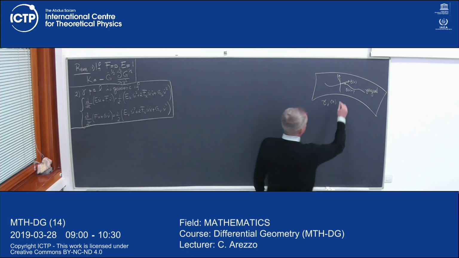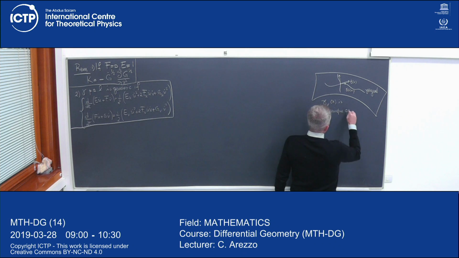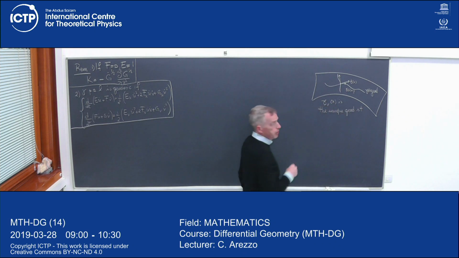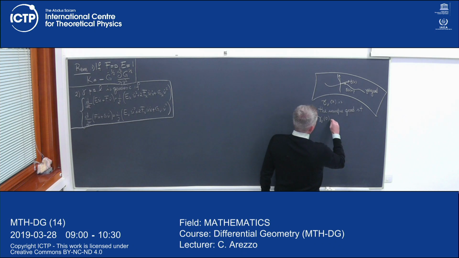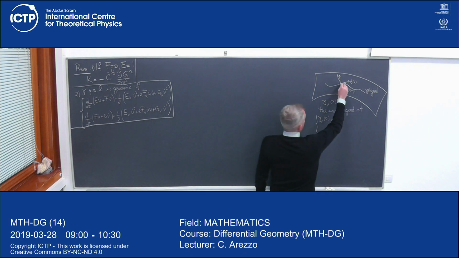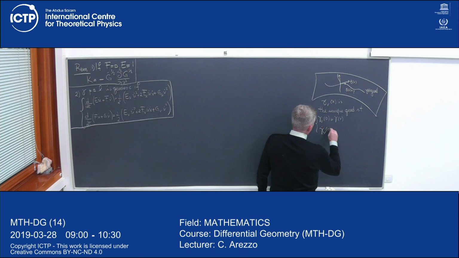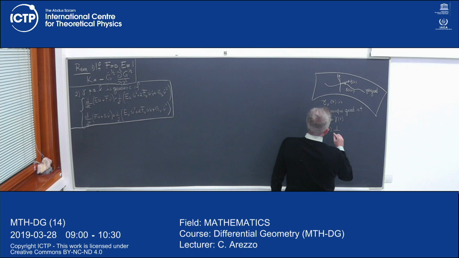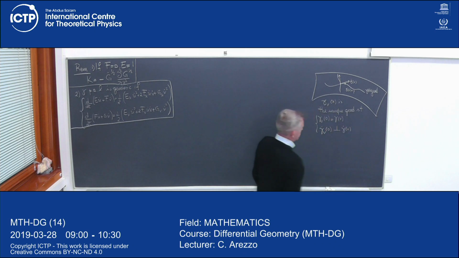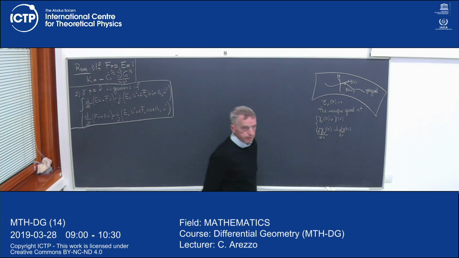Now I have a point gamma of V, and gamma V is the unique geodesic such that, imposing passing through a point with a given direction, gamma V of 0 is gamma of V. So it passes through the point gamma of V at time 0, and the derivative of gamma V at 0 is orthogonal to gamma dot of V. Maybe this is a bad notation: this is d/dU, because the dot symbol is now taken, and this is d/dV.